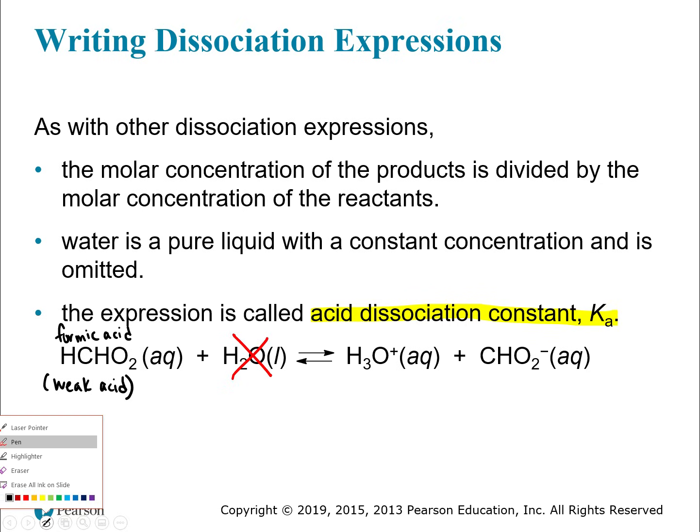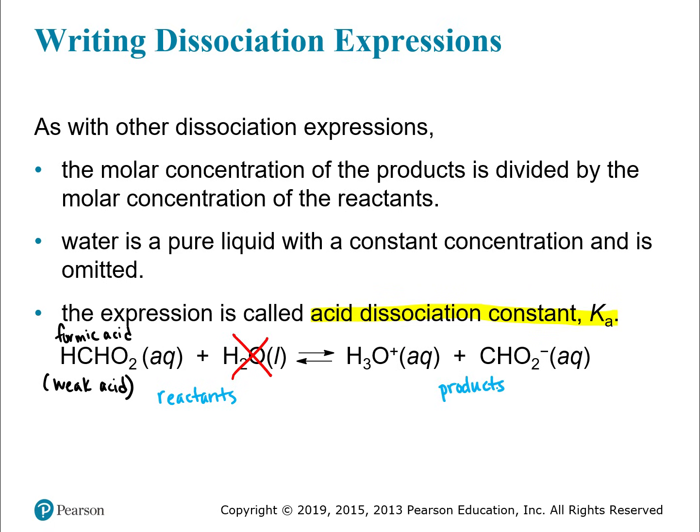Remember that on the left-hand side, we have reactants, and this is for any chemical equation. And on the right side, there are products. When we write our Ka, that acid dissociation constant, we want the concentration of the products on the top divided by the concentration of the reactants.